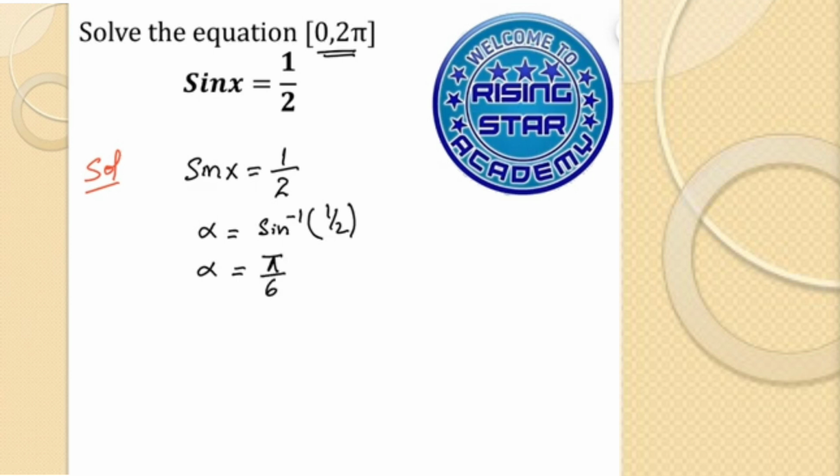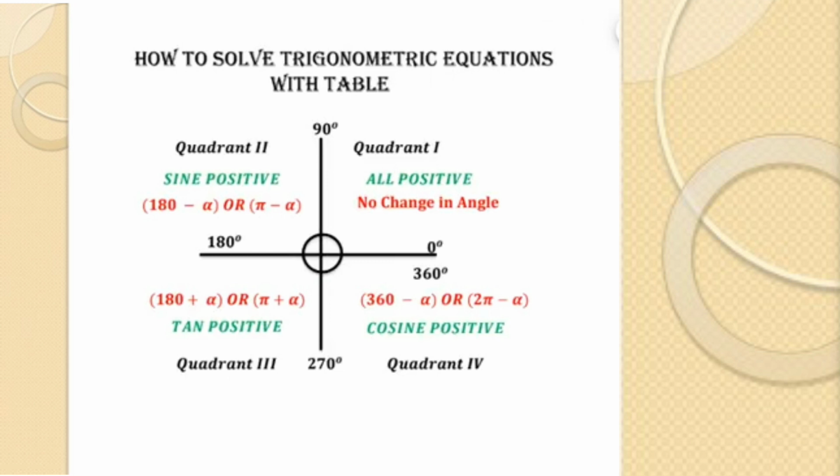In the next step, we will see where the sine is positive, because here you can see that sine has a positive half value. So we'll see the quadrants. Sine is positive in the first quadrant as well as in the second quadrant.